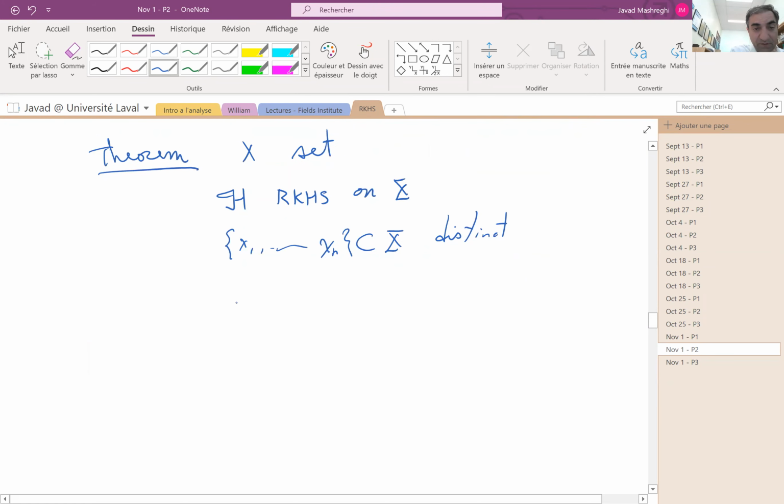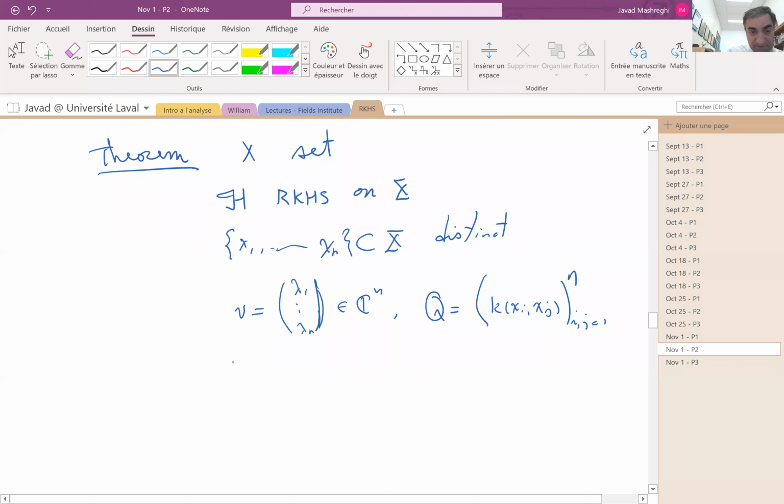And v, the vector lambda 1 to lambda n in Cn. And for simplicity, write Q here. Q is the matrix K(xi, xj). We called this G before, for Gramian, but in the book it's written Q. The notation really doesn't matter.